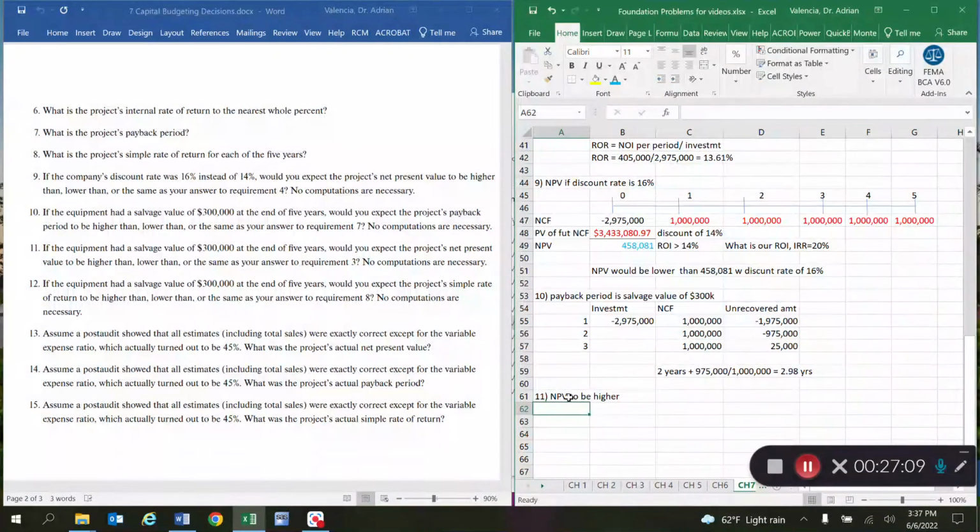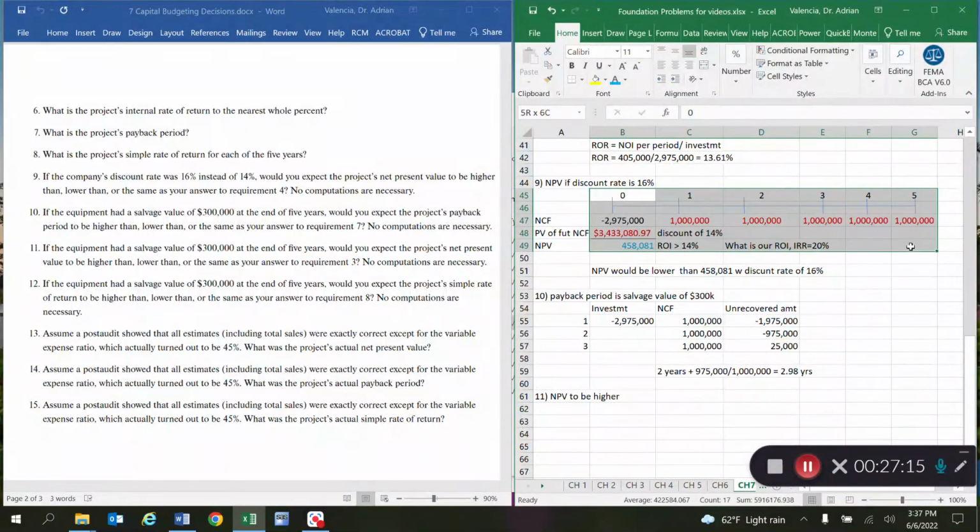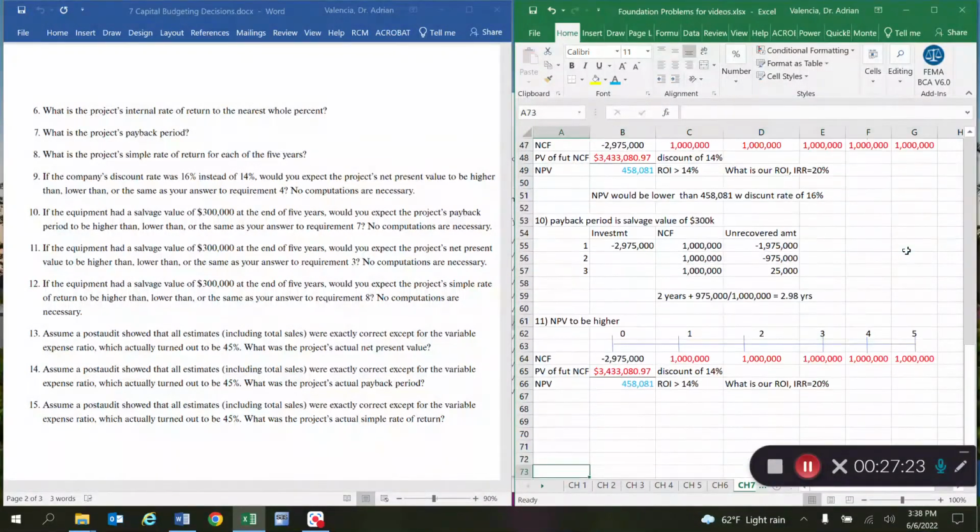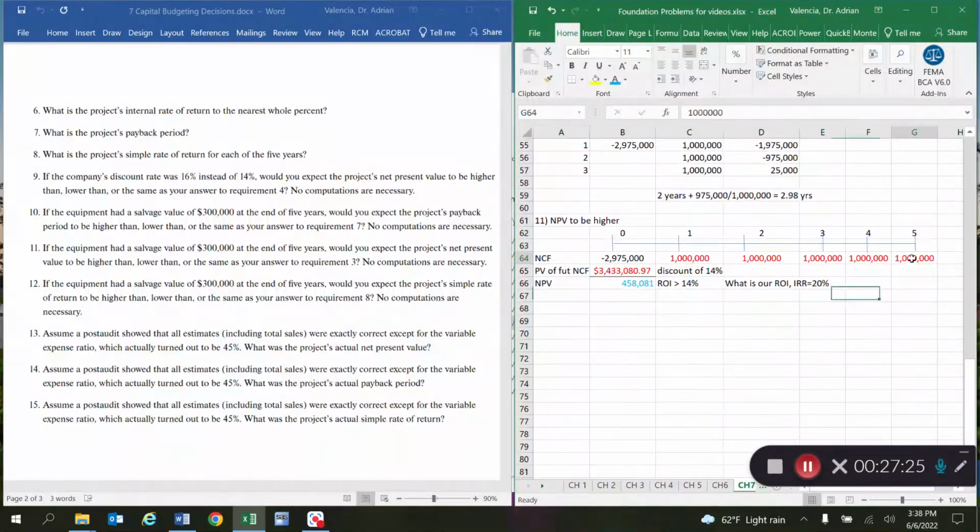Okay, they didn't want us to do the computations, but if you wanted to, you could just see how it would change. So let me do that. It doesn't take us any long time here to do this, given that the formulas are already in place. So I'm going to put this as 1,300,000, and then the moment I hit enter, if I did this correctly, this should be higher than 458.